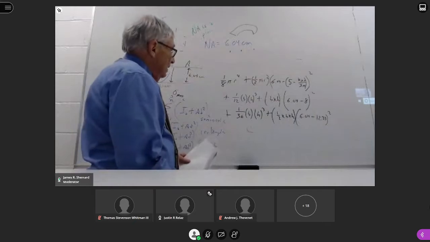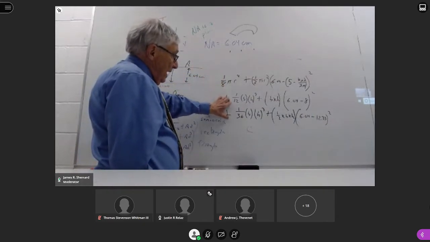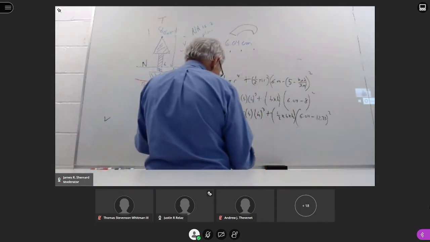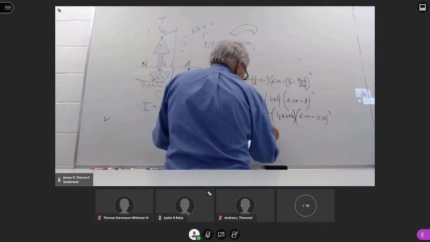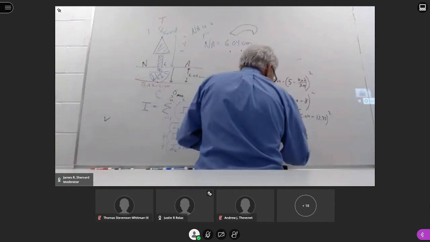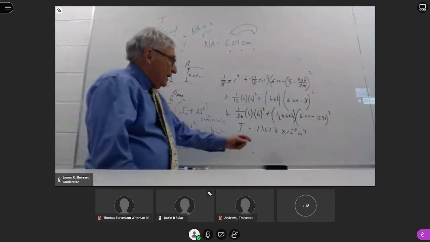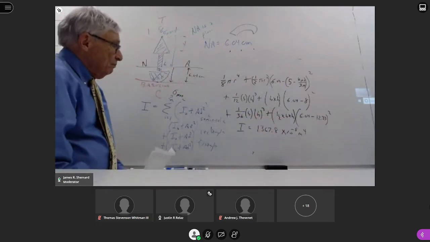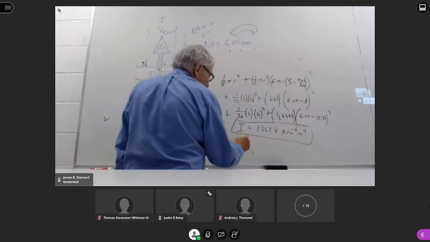We're going to square that. So we've accounted for the semicircle, the rectangle, and the triangle. And I had that value come out to be 1367.8 times 10 to the minus 8 meters to the fourth. You might get some slight variation here depending upon how you round off certain numbers.